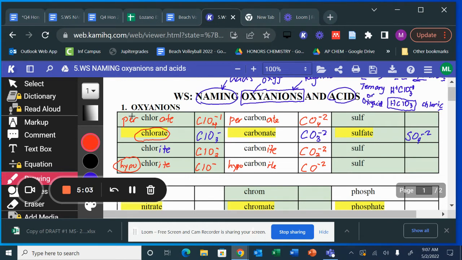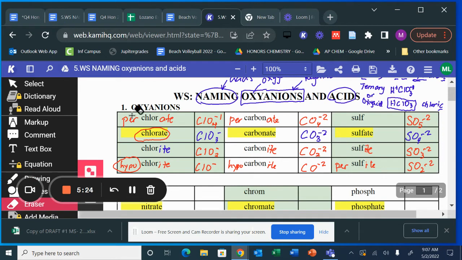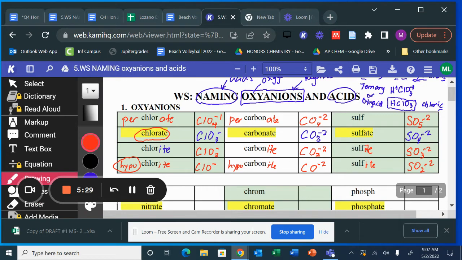Okay, so here you have sulfate, the one you memorized, SO4 minus 2, SO3 minus 2, SO2 minus 2, and you can see the pattern, SO5 minus 2. This will be sulfate, sulfite, hyposulfite, and persulfate.